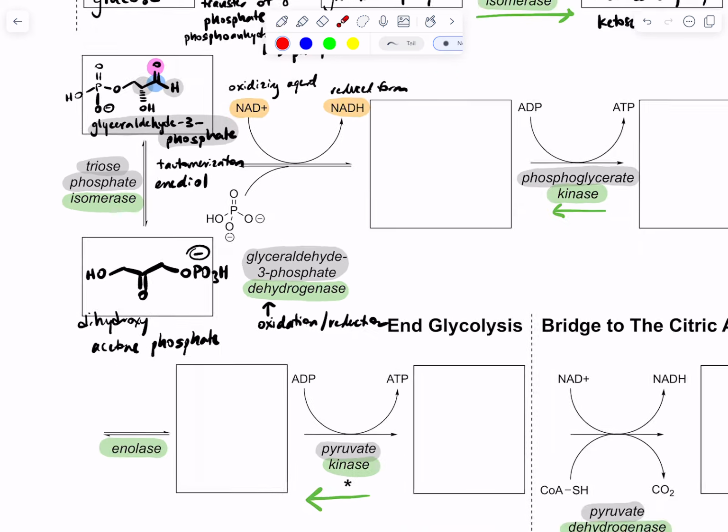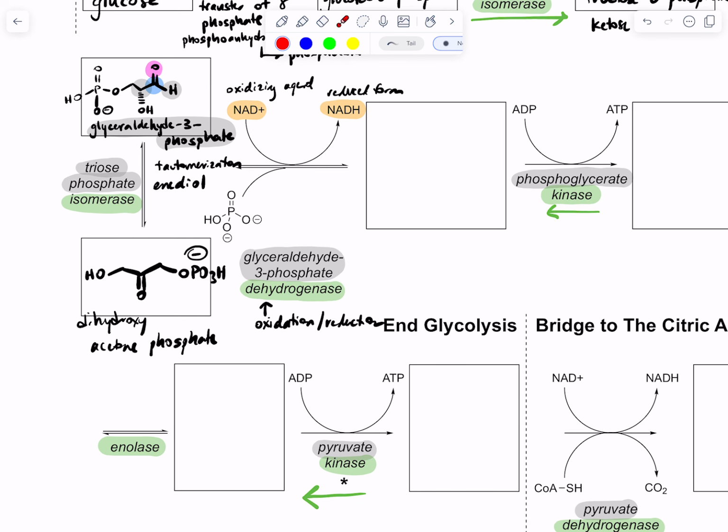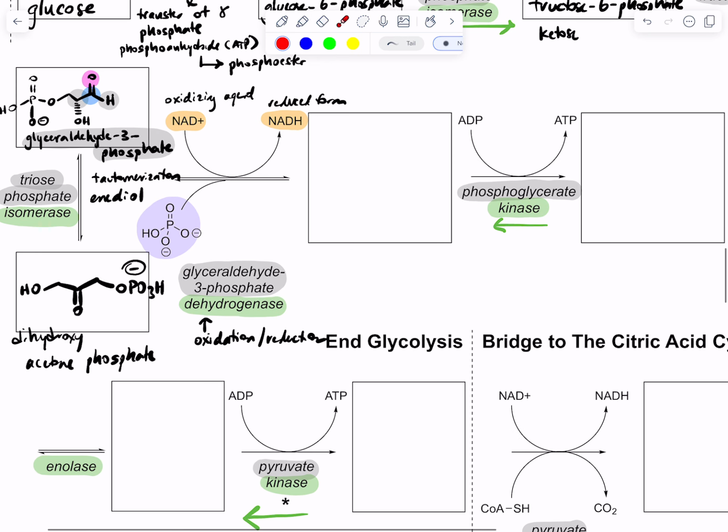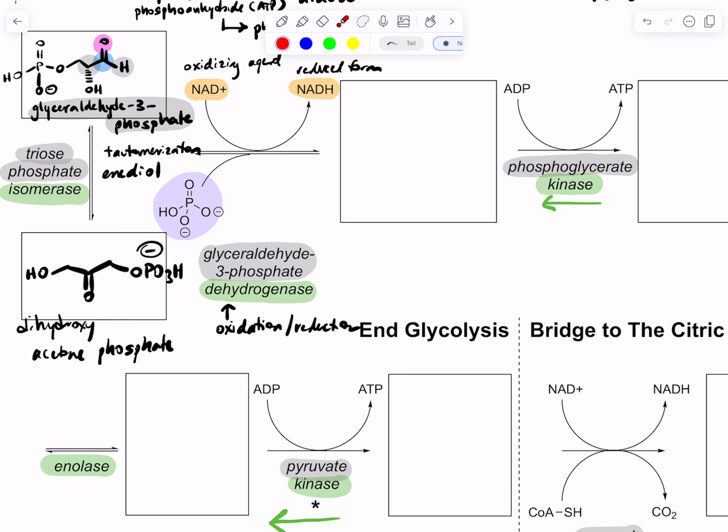You know from the enzyme name that it's going to oxidize glyceraldehyde 3-phosphate. And another hint is the starting material has phosphorus in it. And then the last hint is that the next product is going to deliver a phosphate to ATP. So this one you may have to memorize.